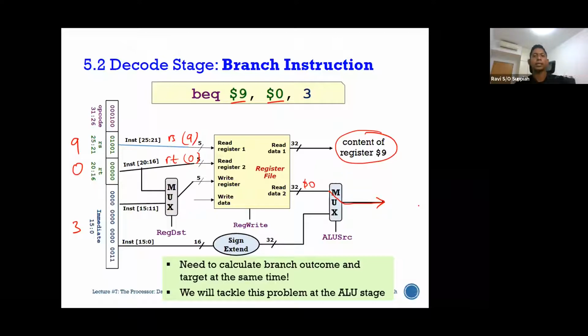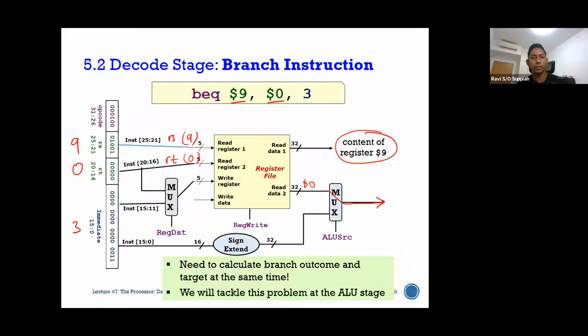So you can see that the design that we have currently supports the BEQ instruction as well, because I'm able to read the data from register 9, read the data from register 0, and send it out to the next stage. Right now we have not done any of the arithmetic or logical operations yet. We are still looking at the stage where I make sure the correct data is sent through to the next stage.